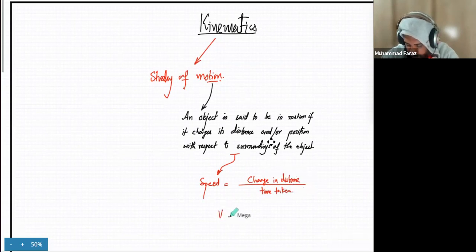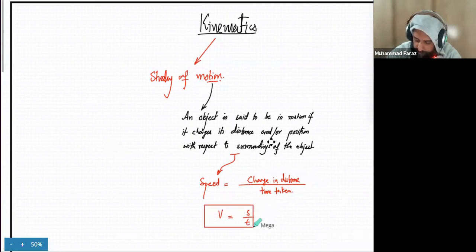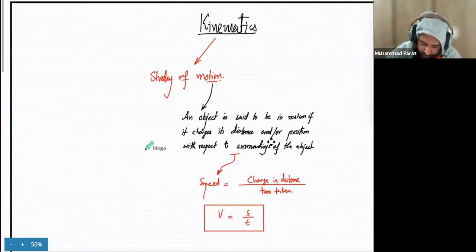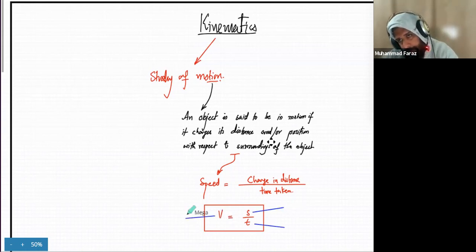Symbolically, V equals S over T. Remember, this formula is not good for calculating all kinds of speeds. This is good to define speed, but we cannot use it to calculate all kinds of speeds. S is distance or displacement.